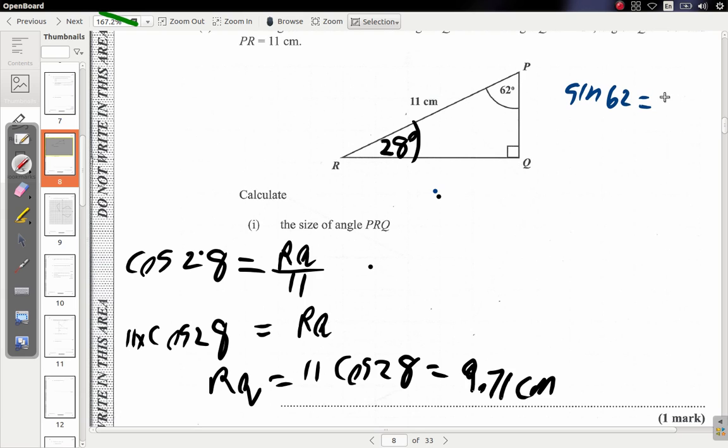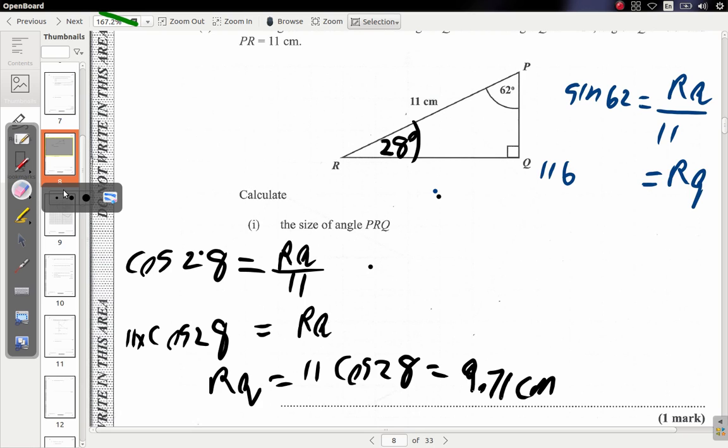So sine is opposite over hypotenuse. The opposite RQ over the hypotenuse 11. If you multiply both sides by 11, you're going to get RQ equals 11 times the sine of 62.